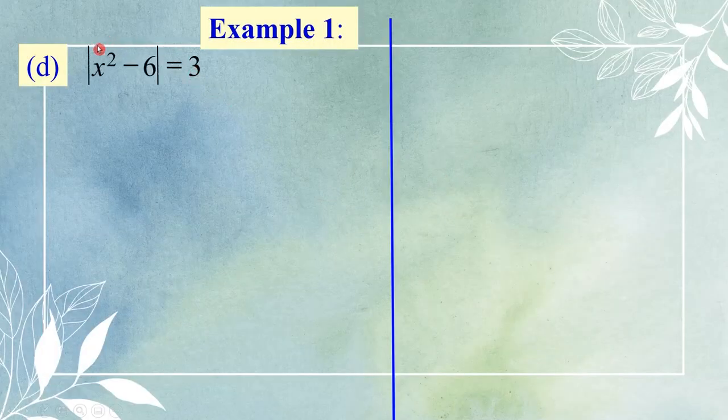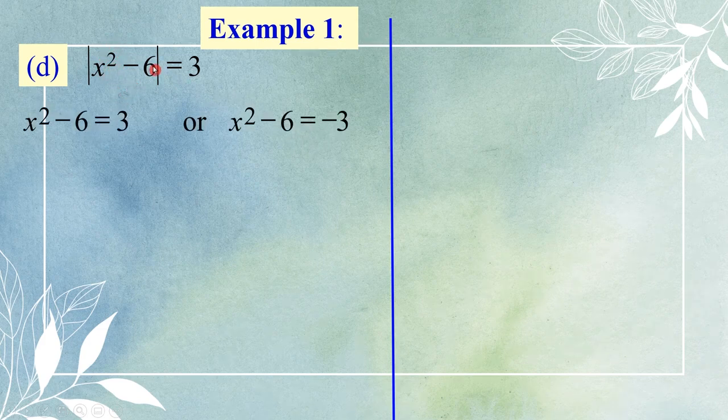If just now we had a look at the absolute values for linear and rational function, this time we are going to look at the absolute values of quadratic function where the x has power 2. Okay, so by using definition, x squared minus 6 equals 3 or negative 3.